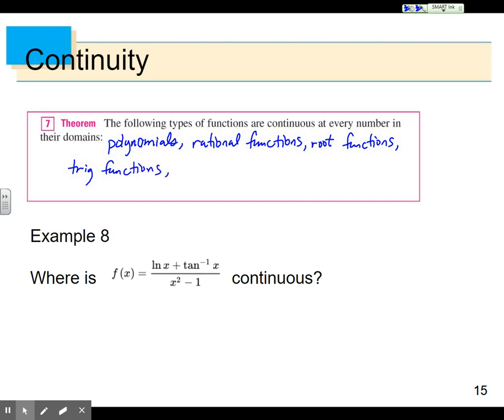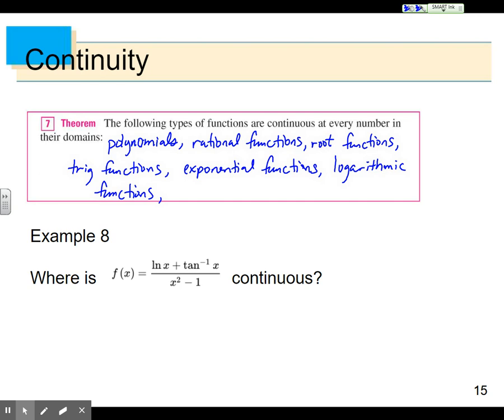Okay. Exponential functions, and logarithmic functions. All of those will work.